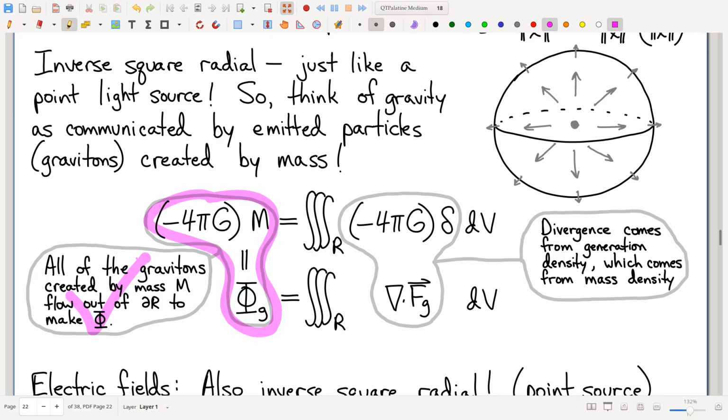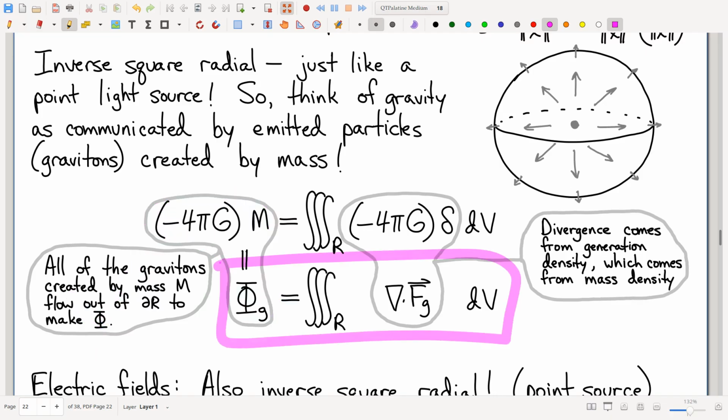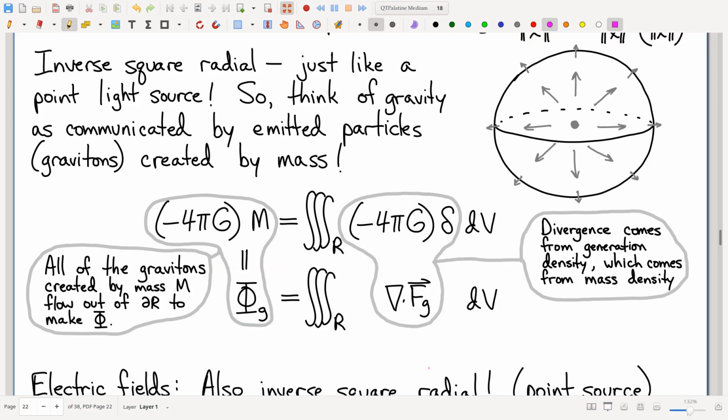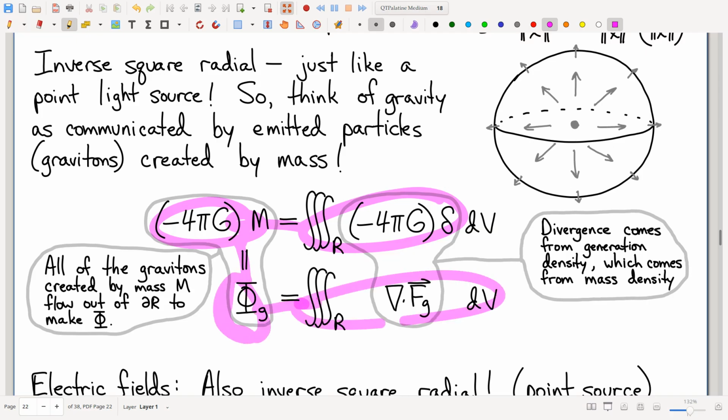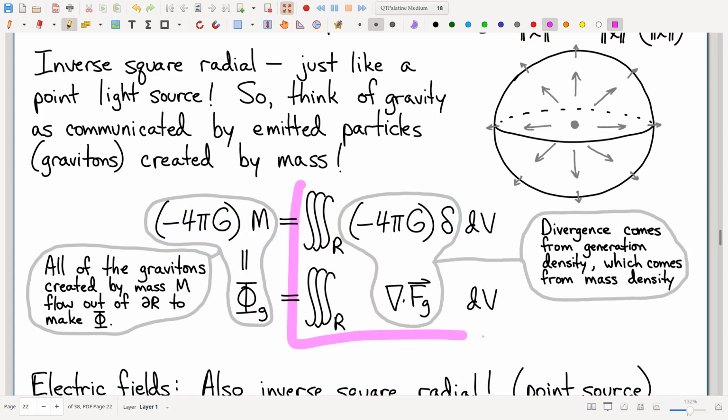Point of view. And then lastly, we write down Gauss's divergence theorem. And altogether then, we have the same scenario we had on the previous page. This is equal to this, which is equal to this, which is equal to this, which means that these are equal.